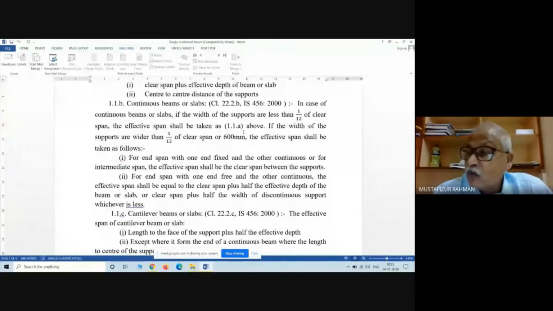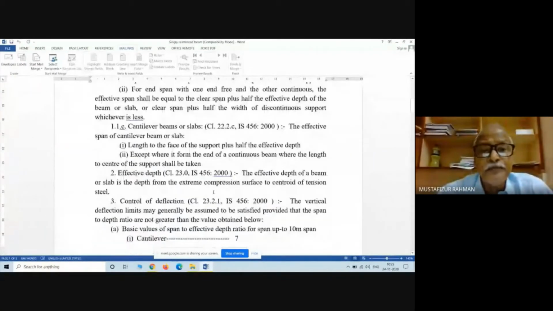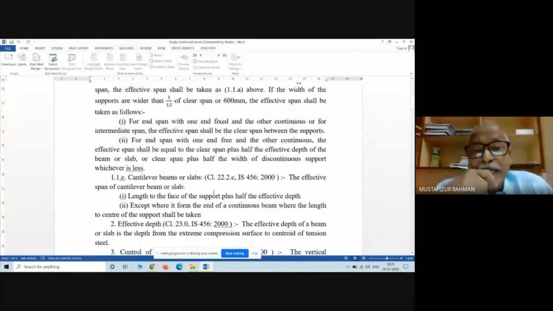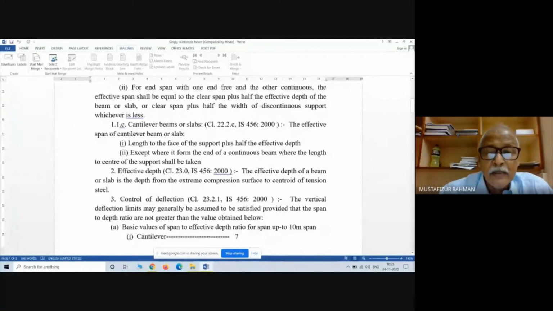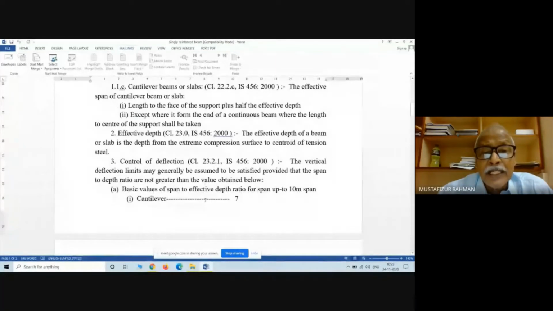But if the support is more than that, or 600, this applies for an end span with one end fixed and the other continuous, or for an intermediate span, where the effective span shall be the clear span. We will not discuss this paragraph at this moment. When we go for continuous beam, there we will discuss. And cantilever.